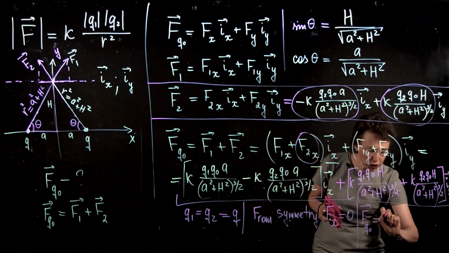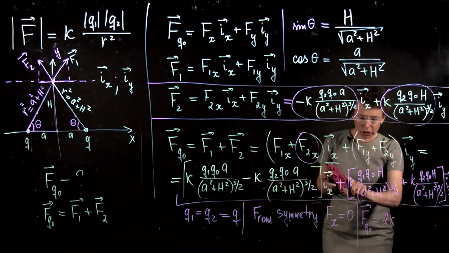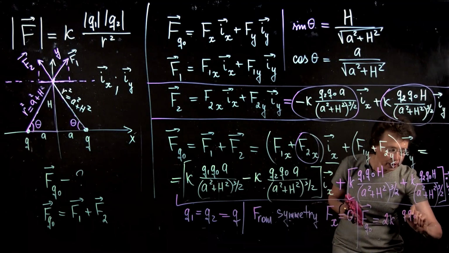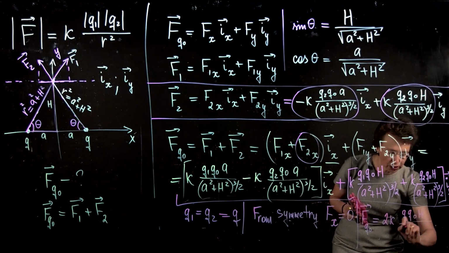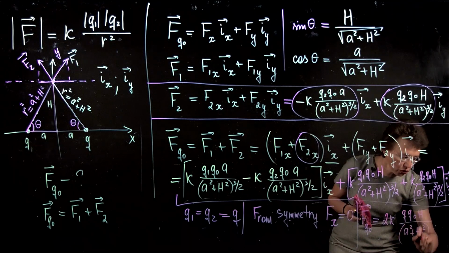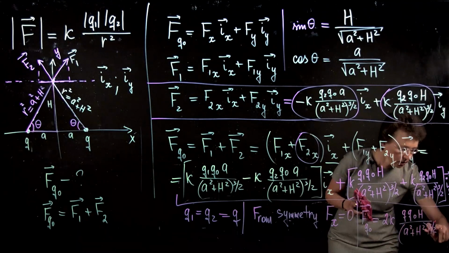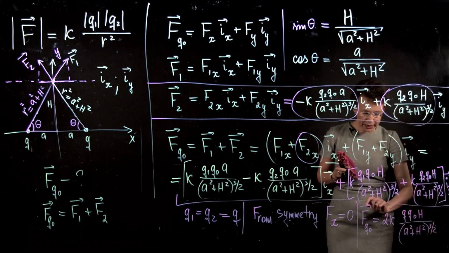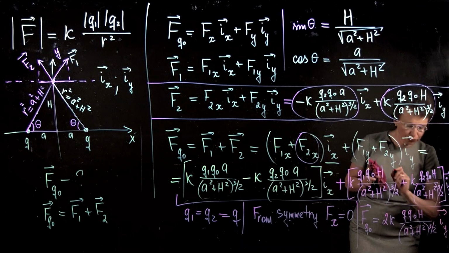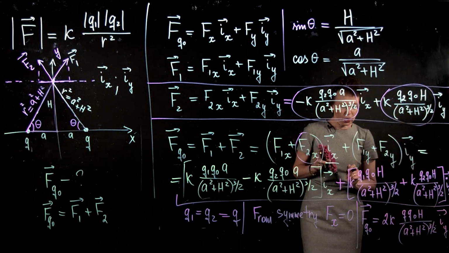So it will be 2k Q naught h divided by a squared plus h squared to the 3/2, and this will be the y component. Don't forget to add iy.